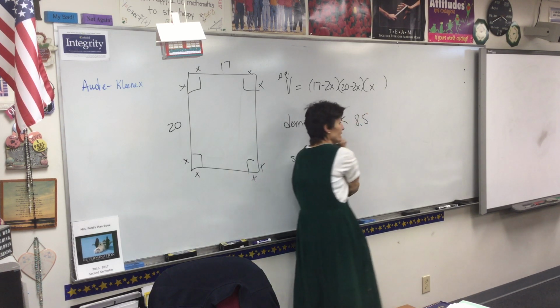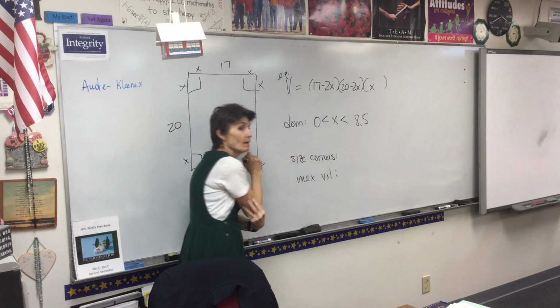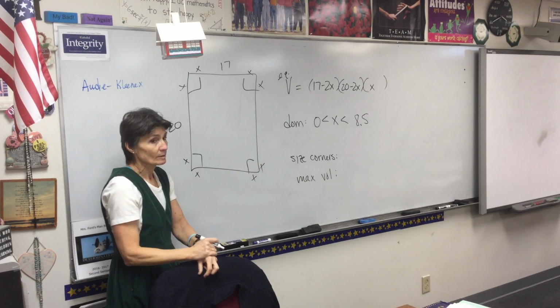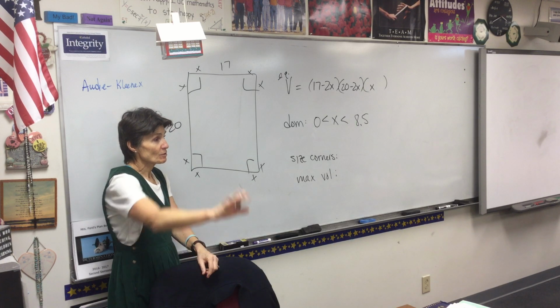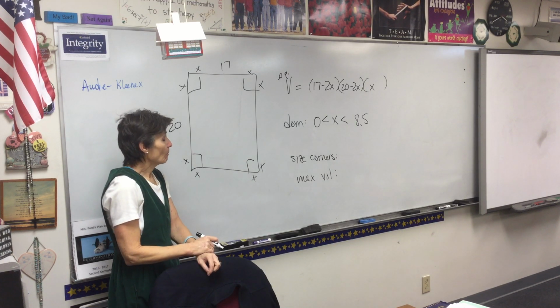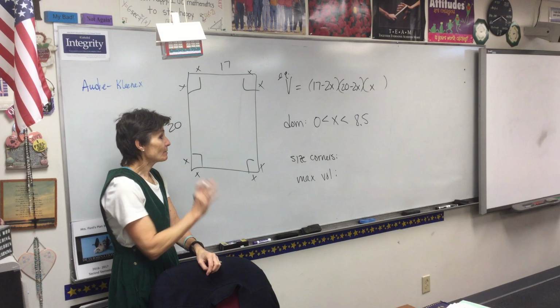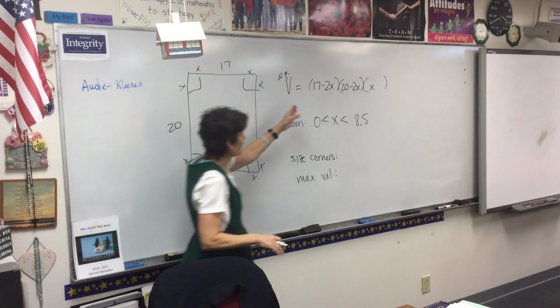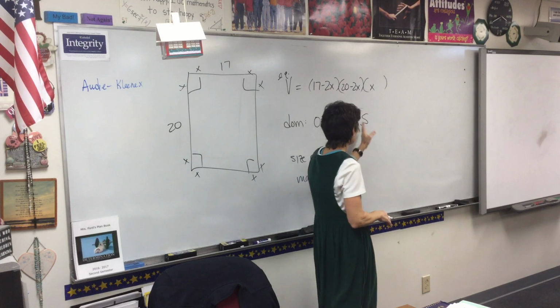And the biggest is 8.5. Where did we get the 8.5? The biggest x is always half the smallest dimension. Okay? James, can you take your hood off, please? Those things never change. The numbers change, but the concept is exactly the same every time.